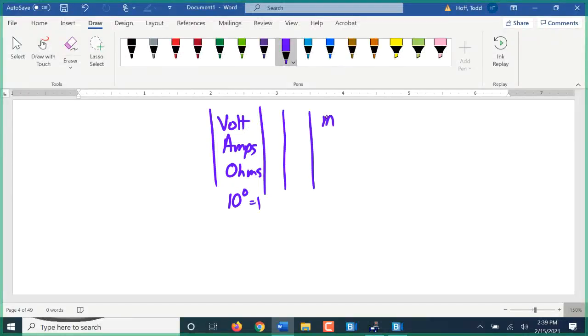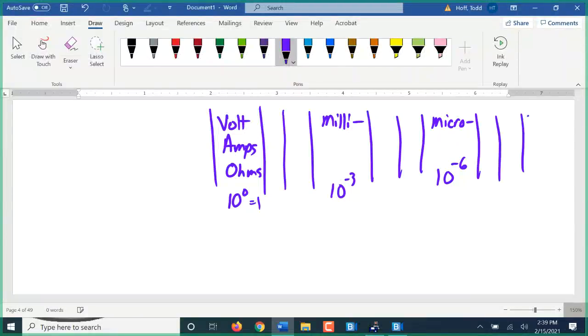We have milli, one of our prefixes. Milli stands for 10 to the negative 3. We have micro, another prefix. Micro is 10 to the negative 6. But we have nano. Nano is 10 to the negative 9.